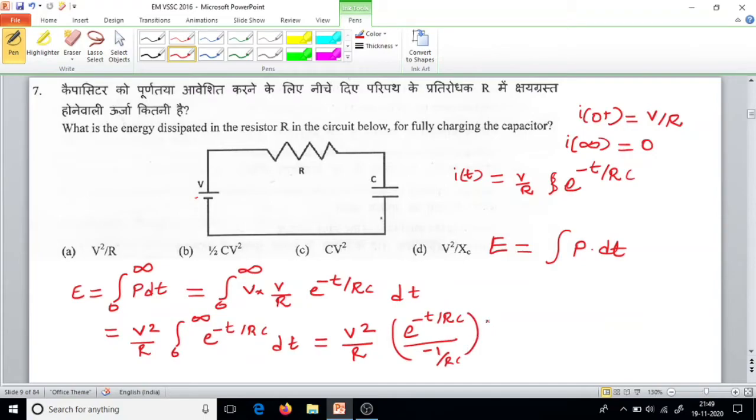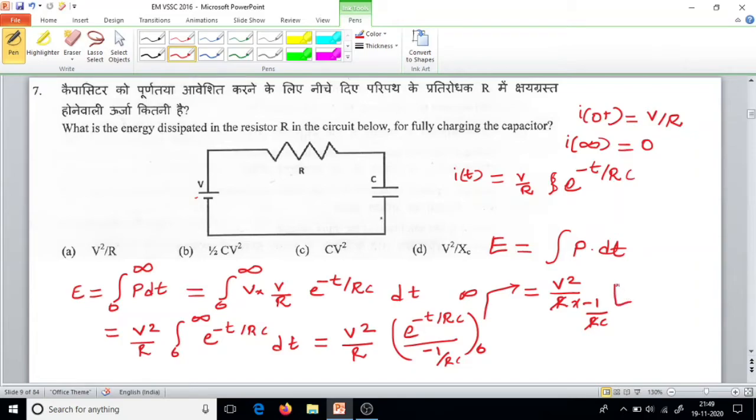So it equals V square by R, with this in the numerator, multiplied by minus RC. This R and R cancel. Here the limits are 0 to infinity.